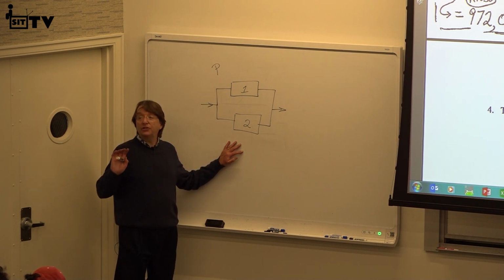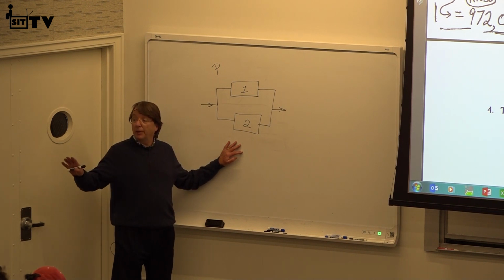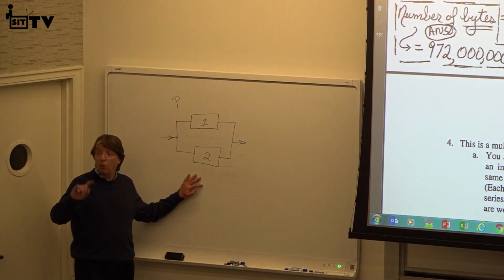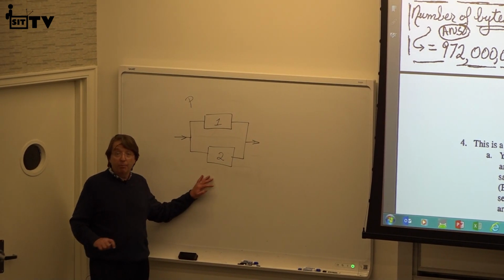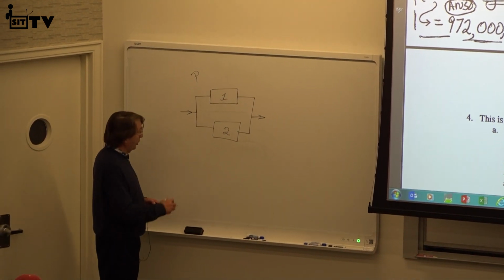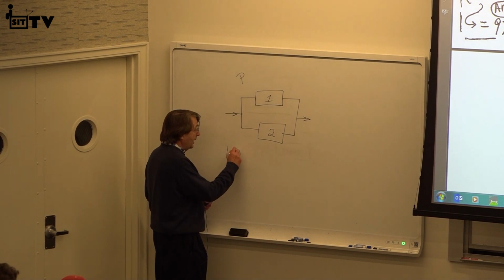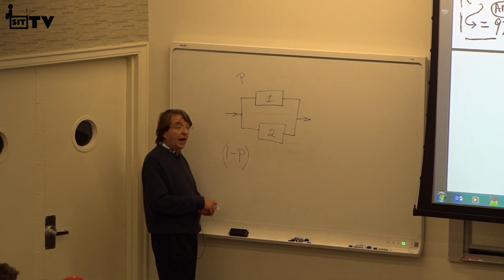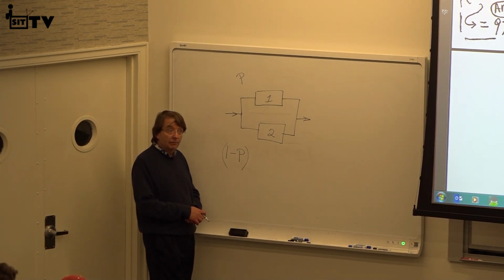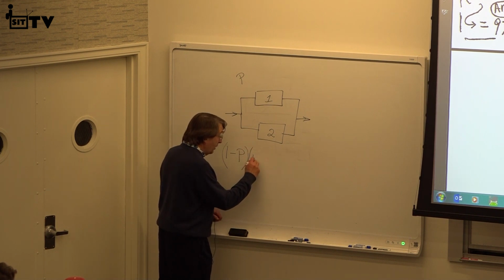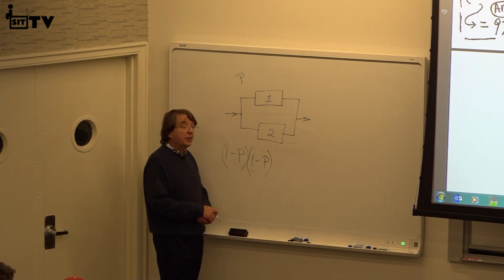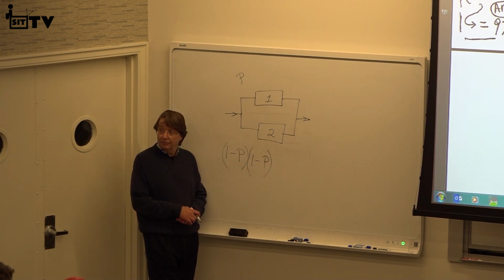The better question is, what's the probability of this system not working? The probability of this system not working is the top path not working. And since they're independent, we multiply, times the bottom path not working.